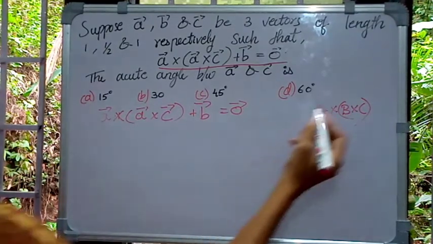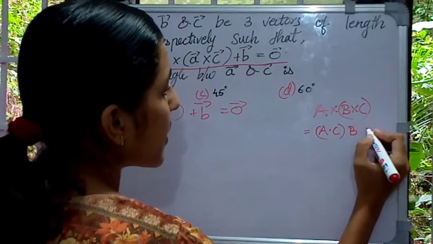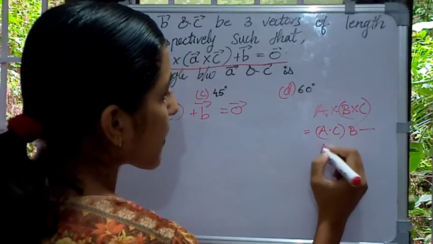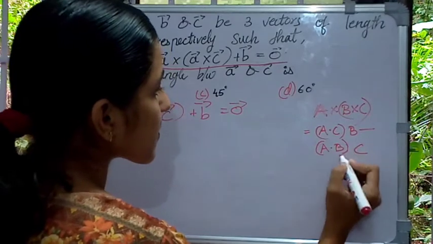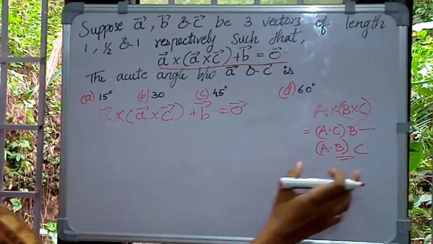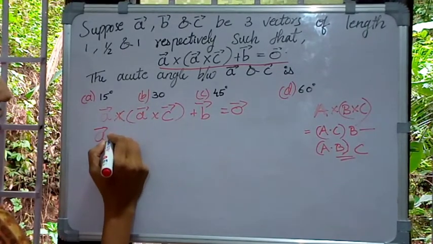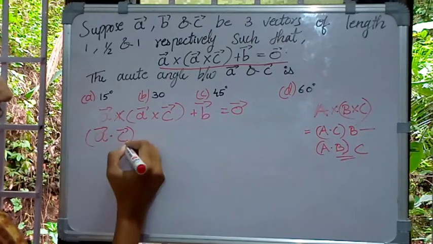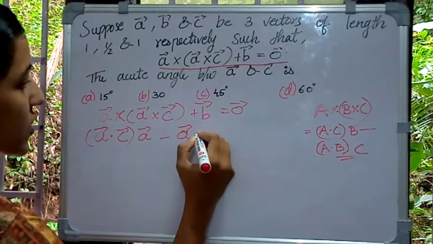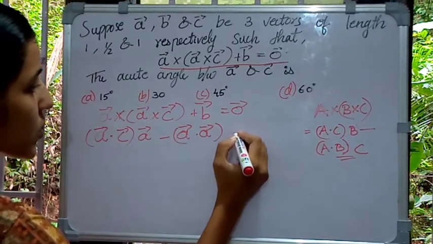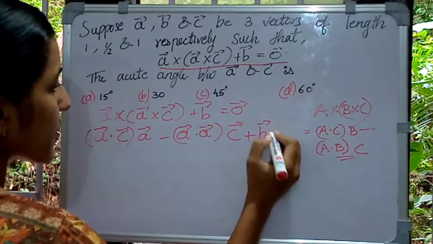So on further expanding this term, we get (A dot C) into B minus (A dot B) into C. So on writing this term in this form, we get (vector A dot vector C) into A minus (A dot A) into C plus vector B equal to 0.